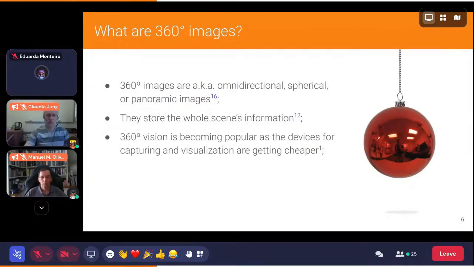Why should we pay attention to spherical imaging, and why are we having this talk now? So 360-degree vision is becoming very popular nowadays, as we have affordable devices for capturing and visualizing this kind of signal.